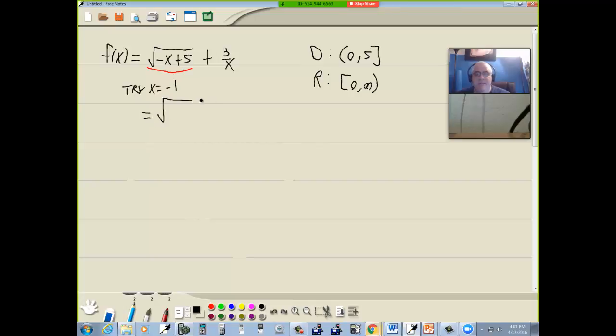We would have the square root of negative 1 plus 5, plus 3 over negative 1. A negative gives you a positive, and 3 divided by negative 1 is negative 3. That would give us the square root of 6 minus 3, which is okay. Now, the problem with that is we said that our domain can only be in this range. We just found that x equals negative 1 works, which means your function's wrong.